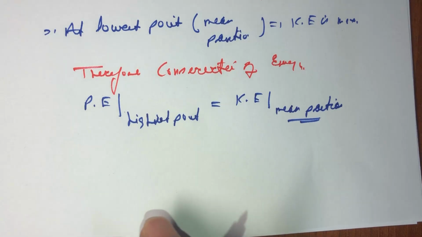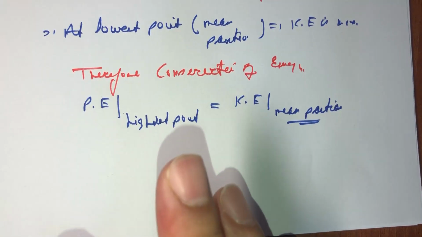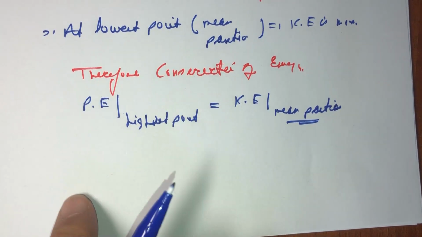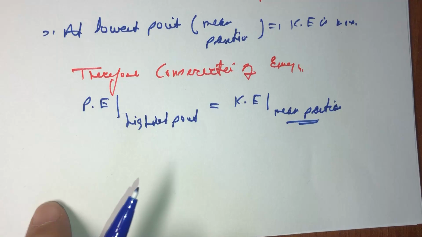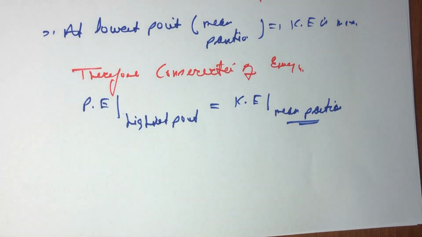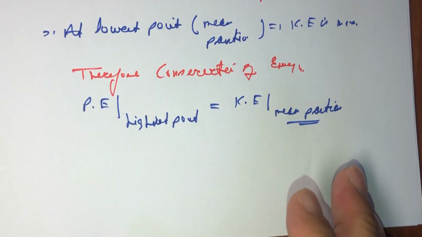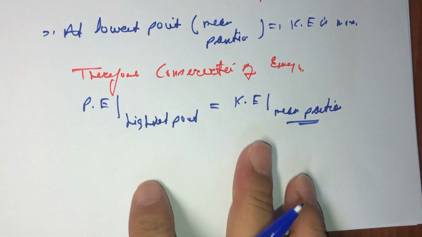So this is the basic conservation of energy law, and it is also applicable at any point between one extreme and the other extreme. Based on this, we can solve it by using conservation of energy.